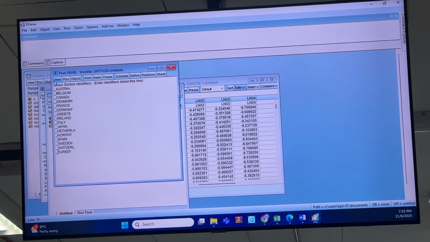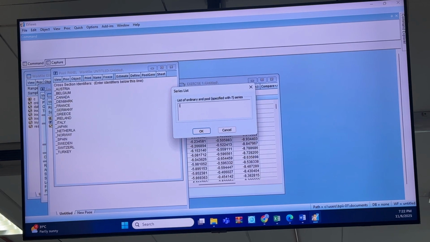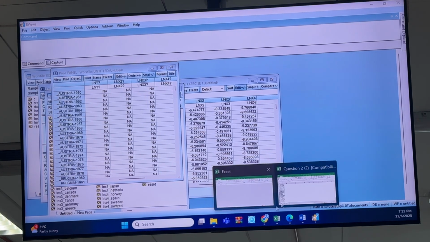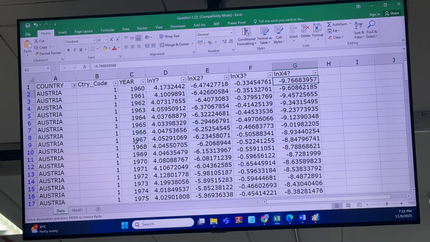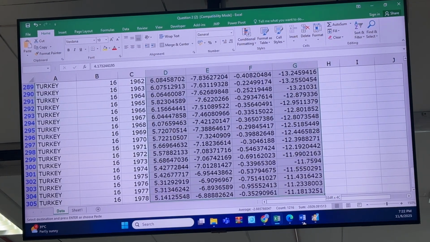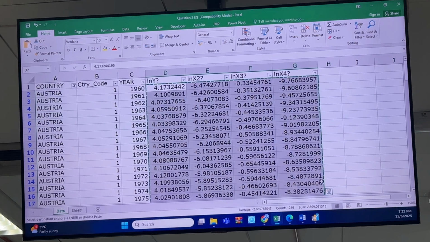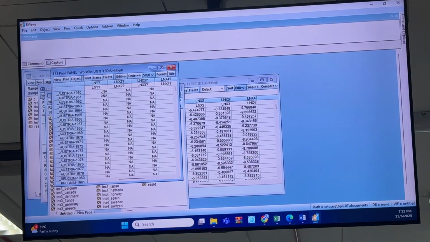After that, you go to view, right? Select data. Copy.